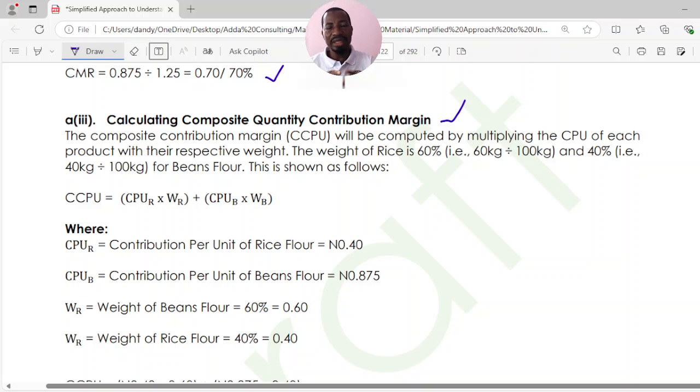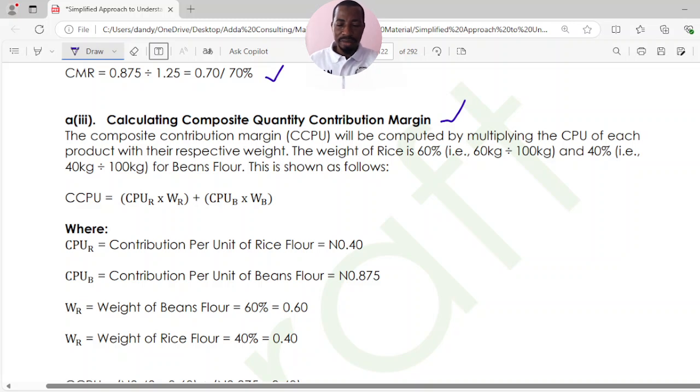You only do that if you are given the proportion of each product. If you are not given the proportion, just calculate your normal contribution margin ratio. But once you are given the proportion, then in that case, you cannot just calculate only contribution margin. You have to calculate composite contribution margin ratio, or composite contribution margin per unit, or composite weighted average contribution margin per unit, or contribution margin ratio.